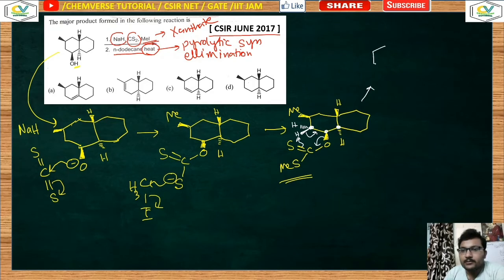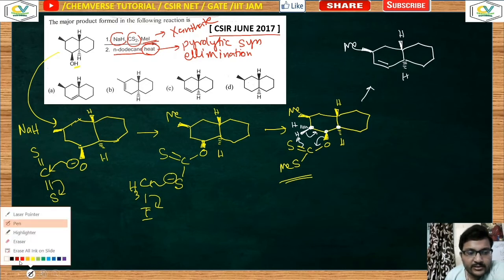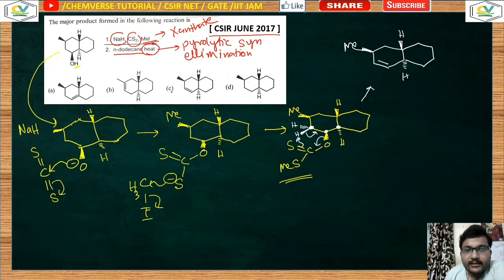Your product will be something like this. There will be a double bond over here. It is your methyl and hydrogen, the rest of the portion remains intact. So what will be your correct option? If you check the option, then you can find that option C is your right answer. This is your right answer.